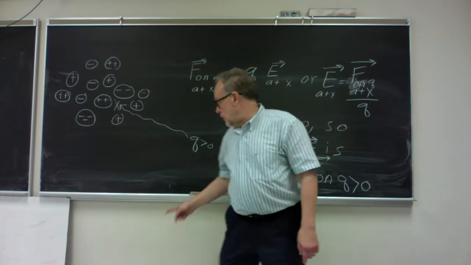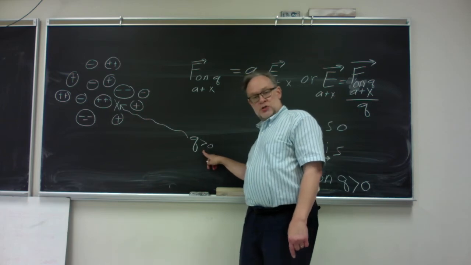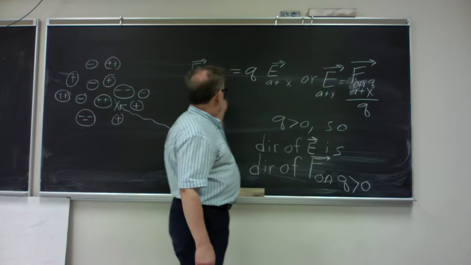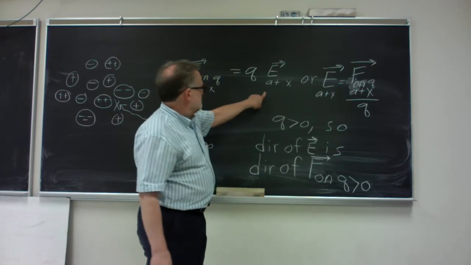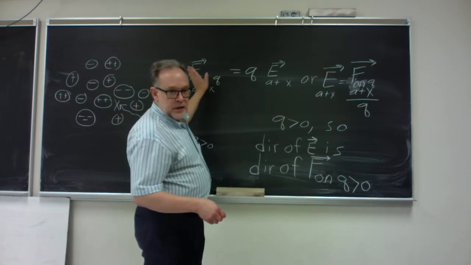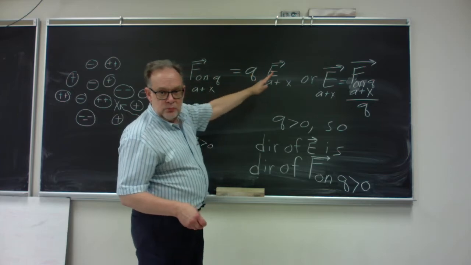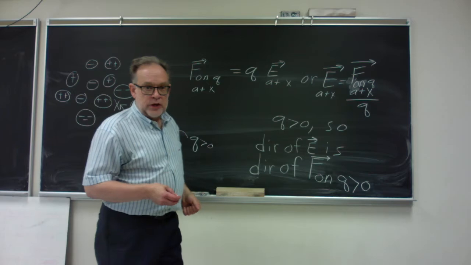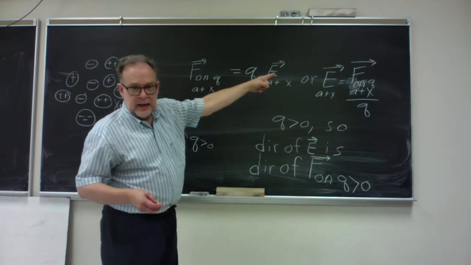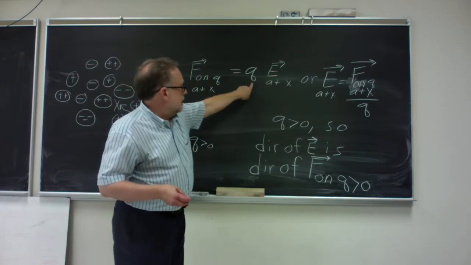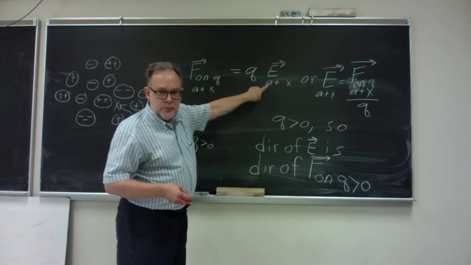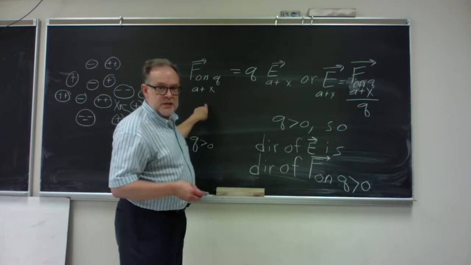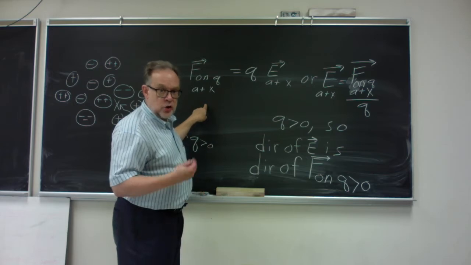Now, we started by assuming that this charge is positive. So now look at this equation and think about the direction, or we can indicate direction with sign, the direction or the sign of the force and the field. Well, this is a positive number, which means the sign of field will be the same as the sign of the force caused by that field.